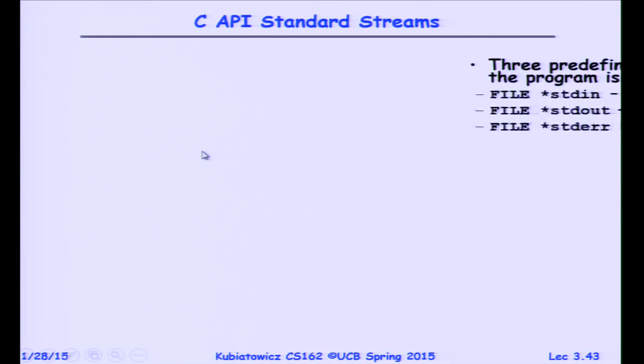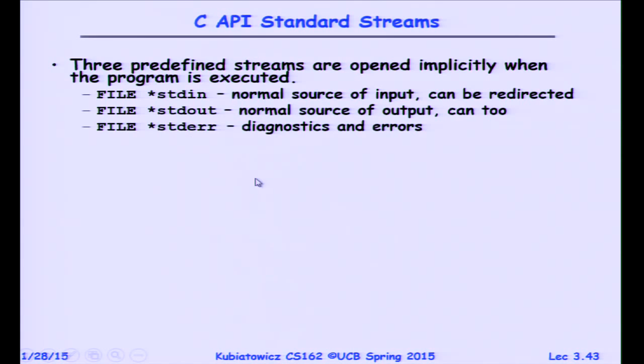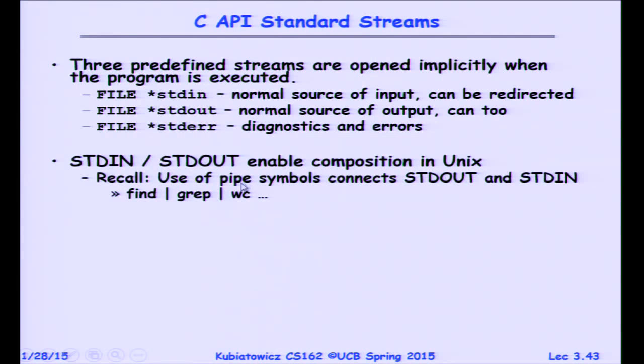Okay? So there are, by the way, standard in, standard out, and standard error as standard streams. Standard in is typically for keyboard input. Standard out is for screen output. Standard error is for errors. And so as a result, this that I showed you earlier, find piped into grep, piped into wc, this little pipe symbol is actually saying something pretty sophisticated.